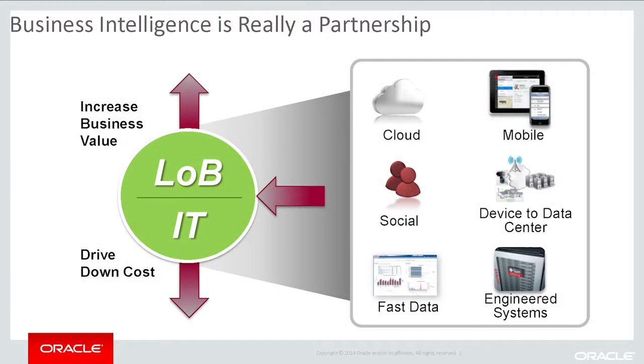So one thing we want to highlight here is that it's really business analytics, business intelligence. The solution itself is really a partnership. It's a partnership between the line of business folks and then IT. One cannot live without the other. They're both reliant on each other. It's really a true partnership, especially if you want to increase your business value from the line of business perspective, and then you also want to drive down costs.